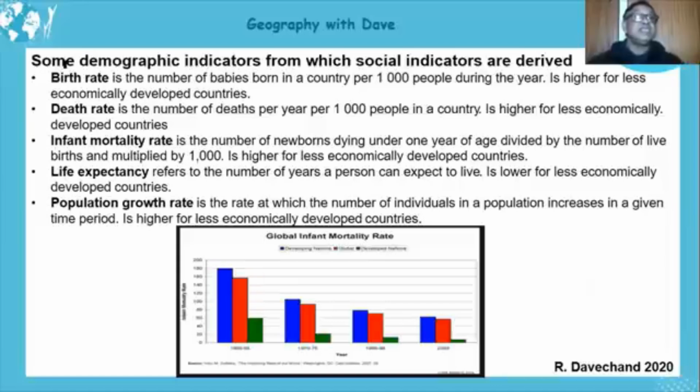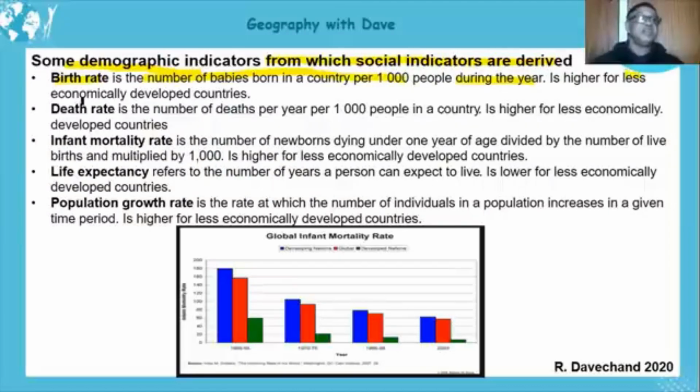What we're saying here is some demographic indicators from which social indicators are derived. Remember, social indicators are derived from demographic statistics. Like birth rate, the number of babies born in a country per 1,000 during a year, is higher for less economically developed countries.